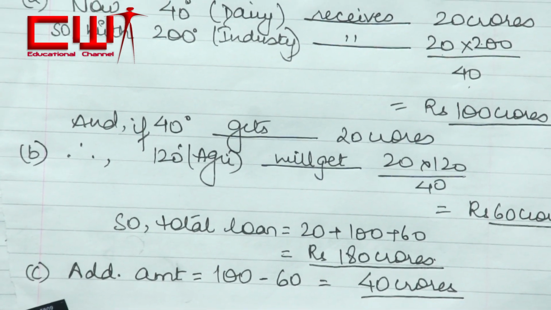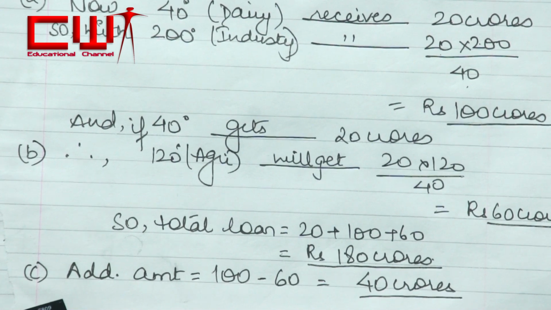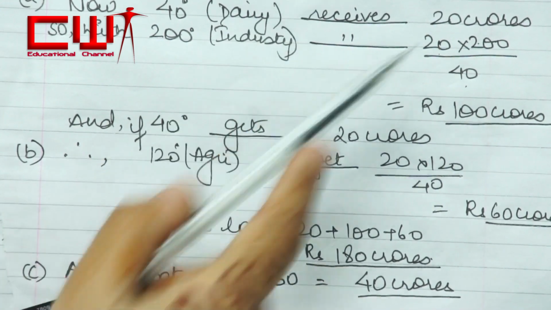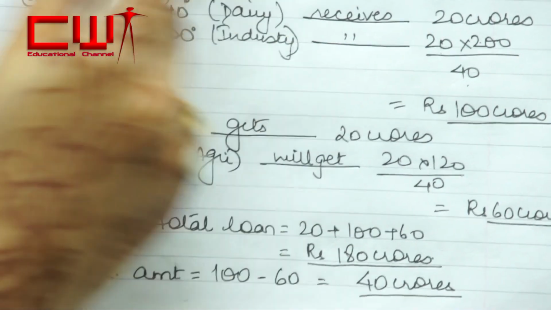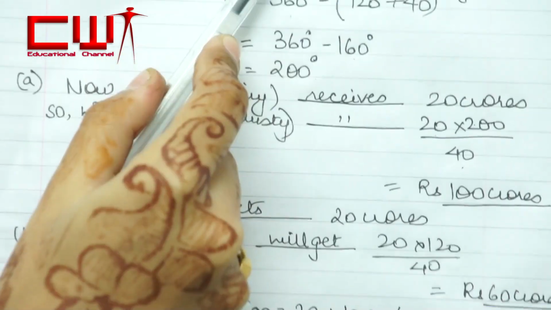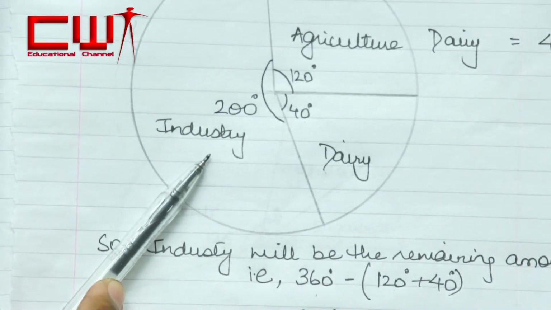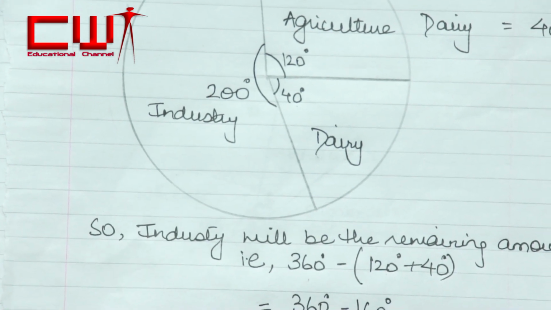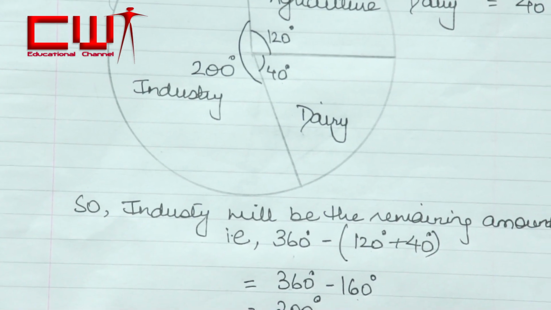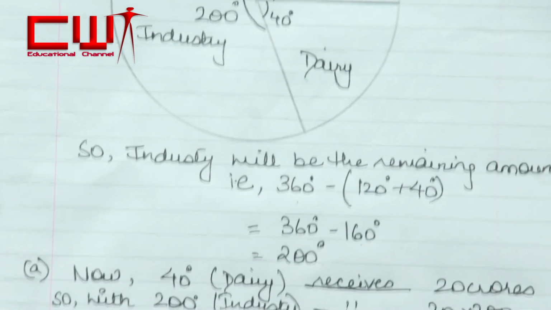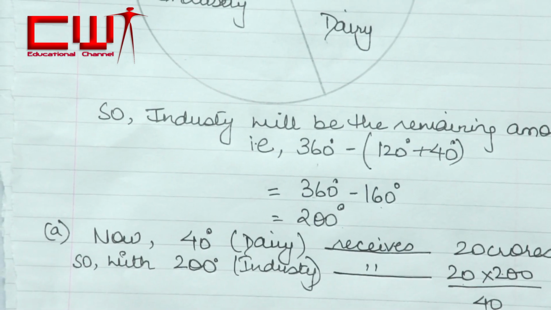So the total loan amount is 180 crores. How did you get it? Agriculture plus industry plus dairy. Dairy is 20 crores, agriculture you have got 60 crores and industry is 100 crores. That total comes out to be 180 crores, right? So this is the first and the second part of the question.